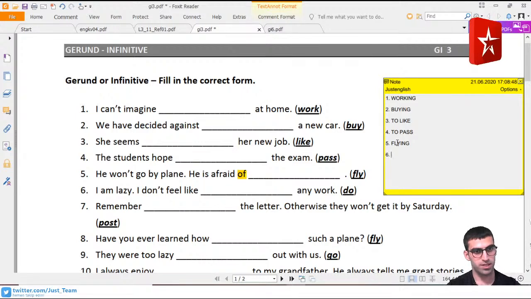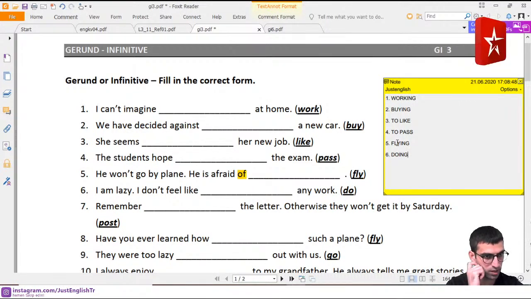I am lazy. I don't feel like, what? I don't feel like to do, they say. All of them say do. I don't feel like doing. Doing is the correct answer, guys, not to do.